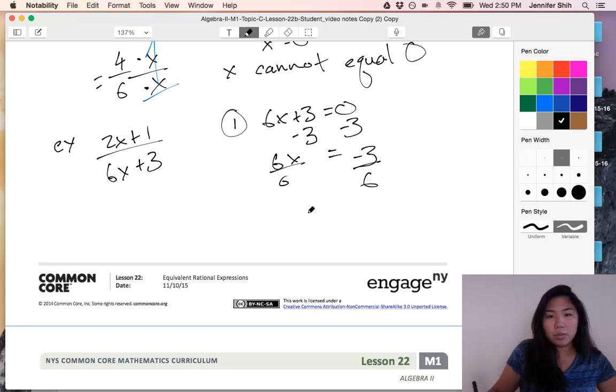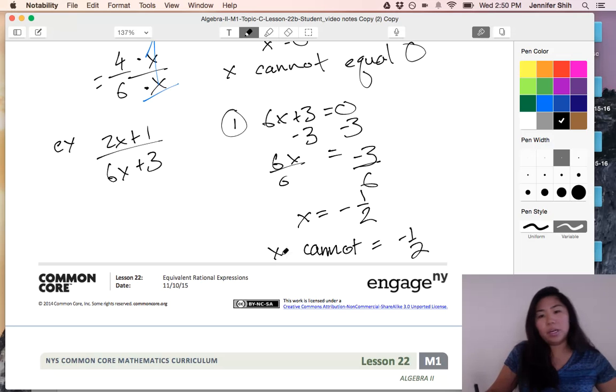And I'm just doing my good Algebra 1 skills to isolate x here. I'm going to subtract on both sides, then divide to isolate x. And I get that x cannot equal negative 1/2.